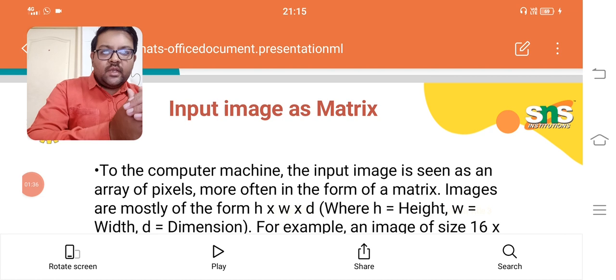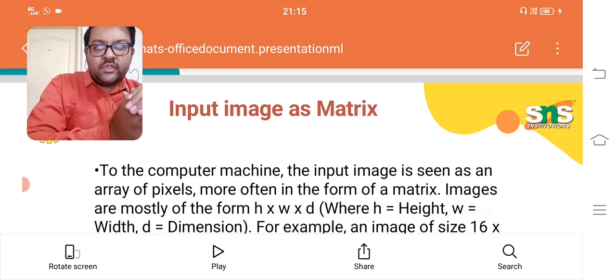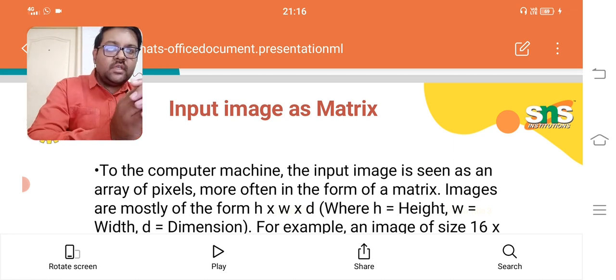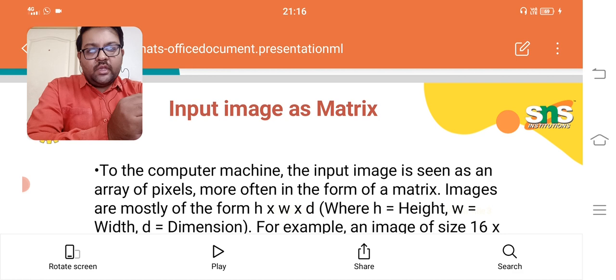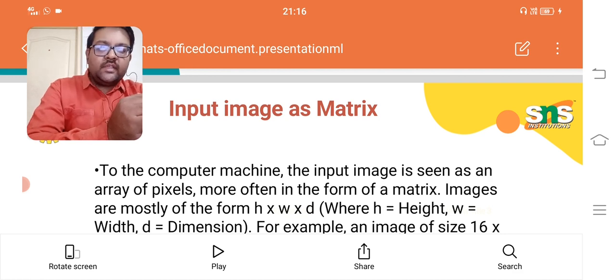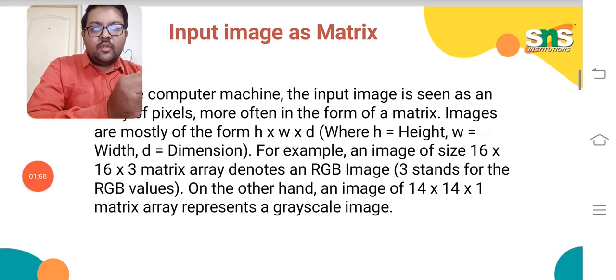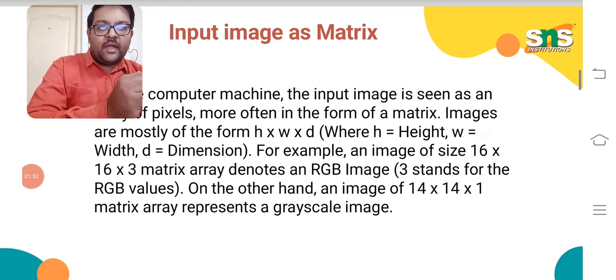We have seen that the input is given as the image in a convolutional neural network. So the input image is given in the form of a matrix. To the computer, the input image is seen as an array of pixels, more often in the form of a matrix. Images are mostly of the form where height, width and dimensions are there.